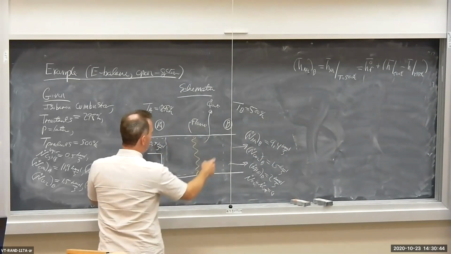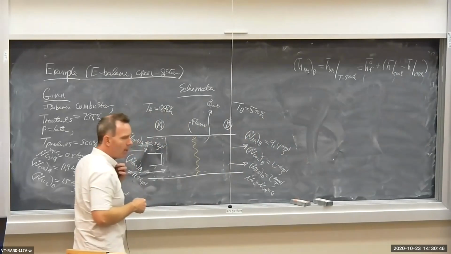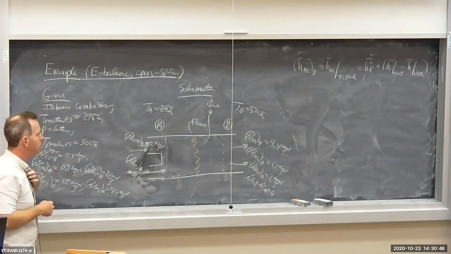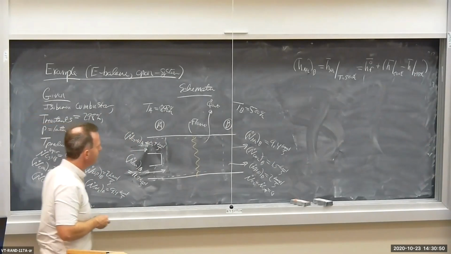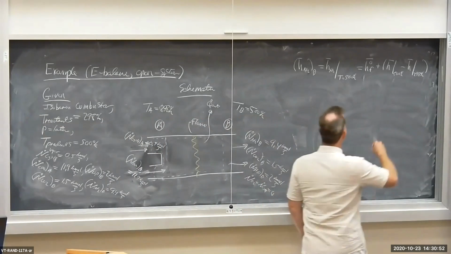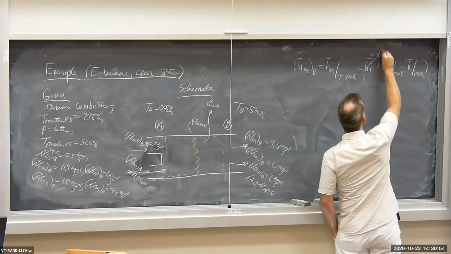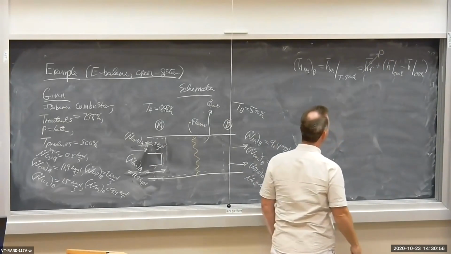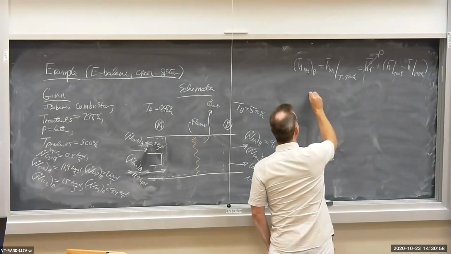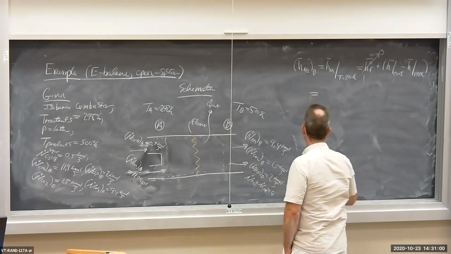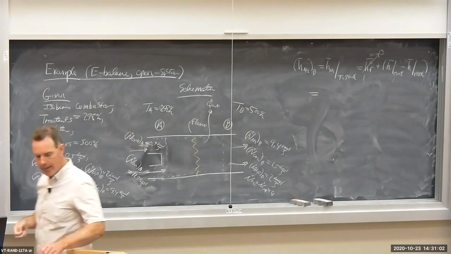Remember, the outlet's at 500, the products are at 500 degrees Kelvin. They are not at the reference temperature, 298. The enthalpy of formation we already looked up for the nitrogen, it's 0. And then I look up H bar at 500 and 298.